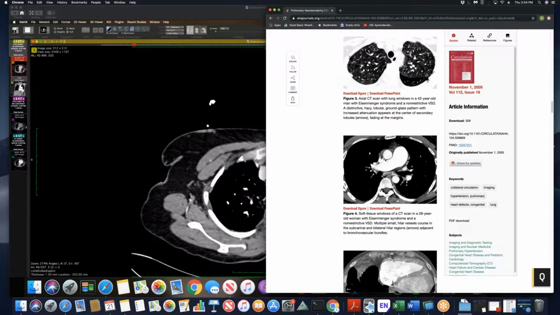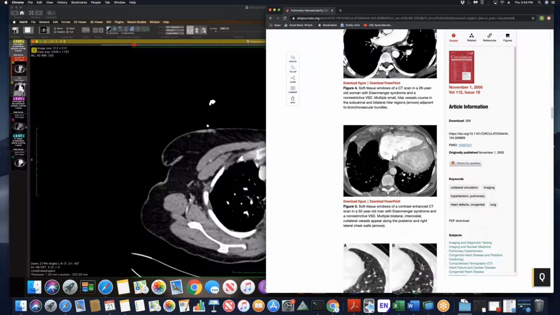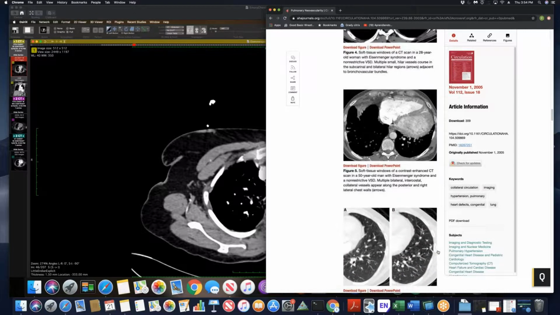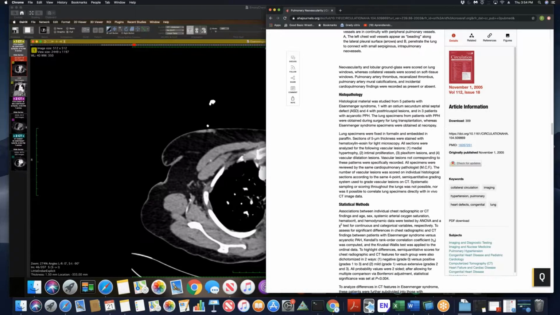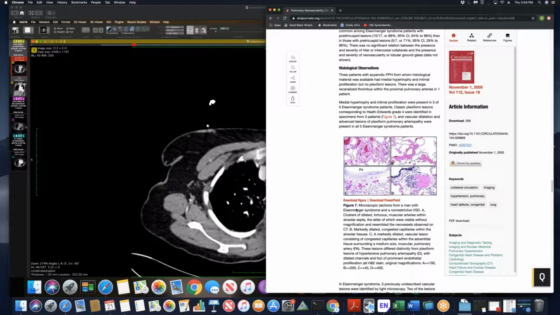They also describe the chest wall collateral vessels communicating with the pulmonary vasculature, and they think this neovascularity is separate from the plexogenic arteriopathy. I'm not sure if that's been confirmed.